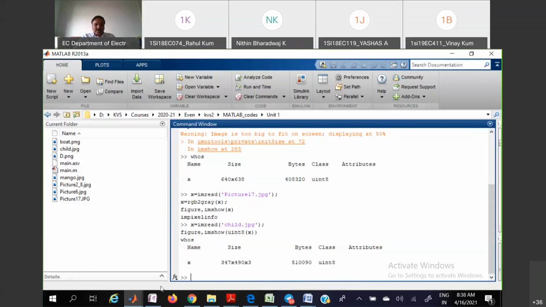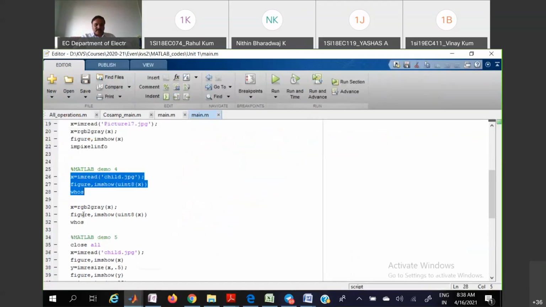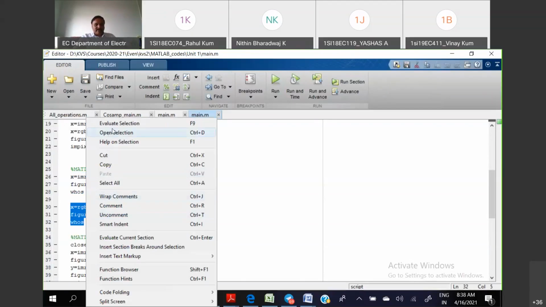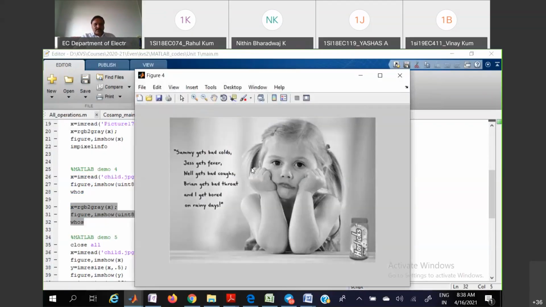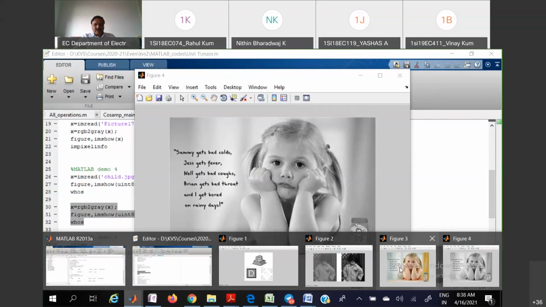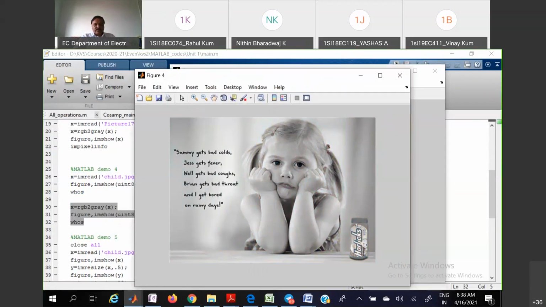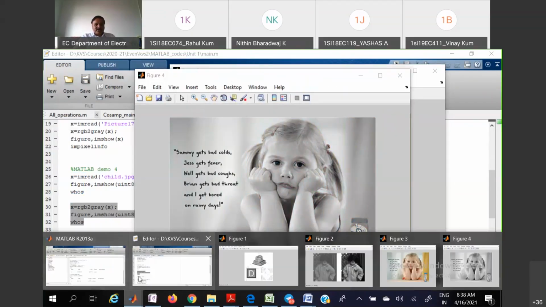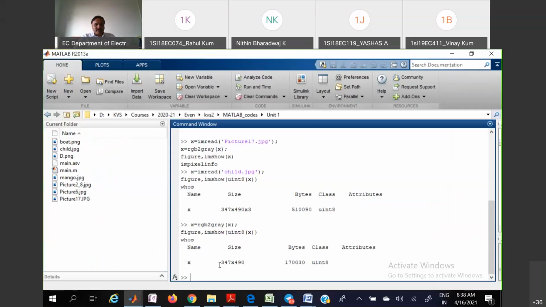Let me continue with the simulation. Now I have converted this color image into a gray image, and I just want to run this command. So now it is a gray image. Previously it was a color image. Let me see what the size is now. You can see that it is 347 into 490.